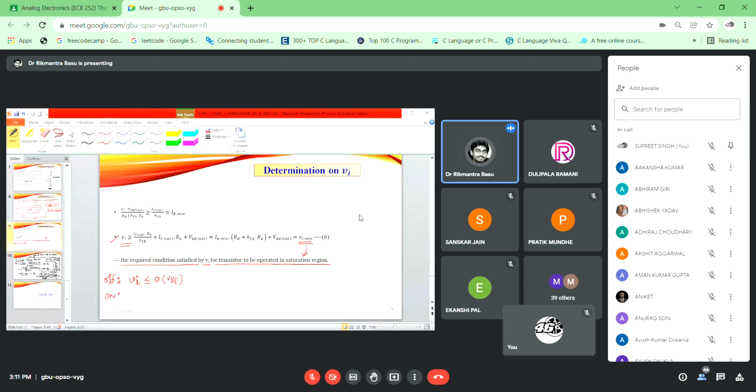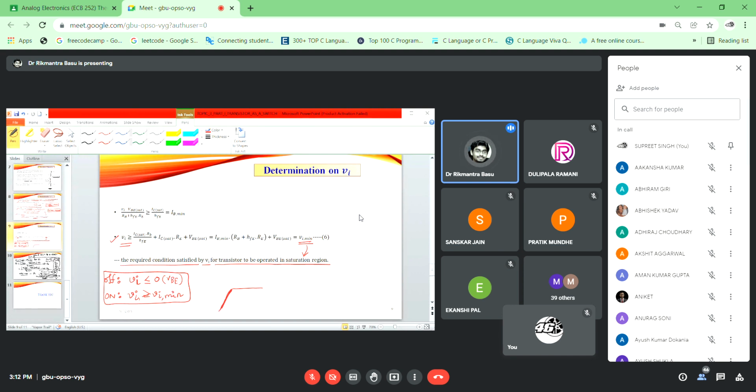But when you have to make the transistor on, VI should be greater than or equal to your VI minimum value directly, because any value in between, your transistor will go to the active region and it will start amplifying before getting into the saturation region.